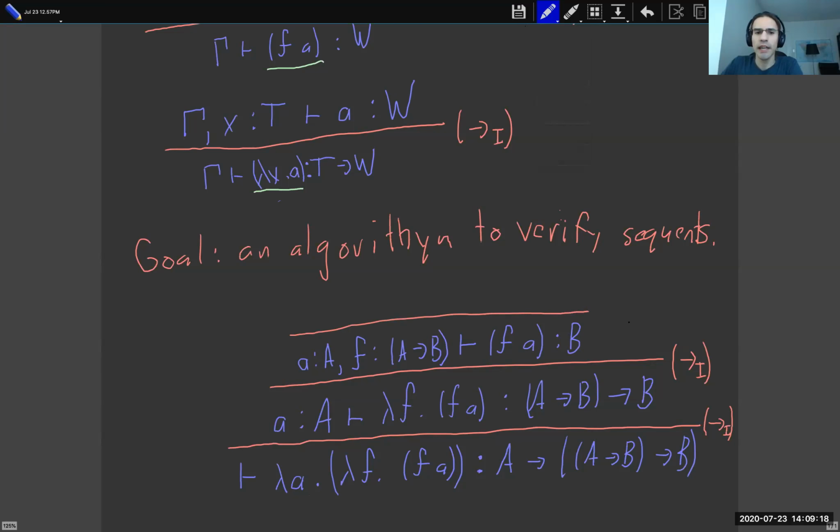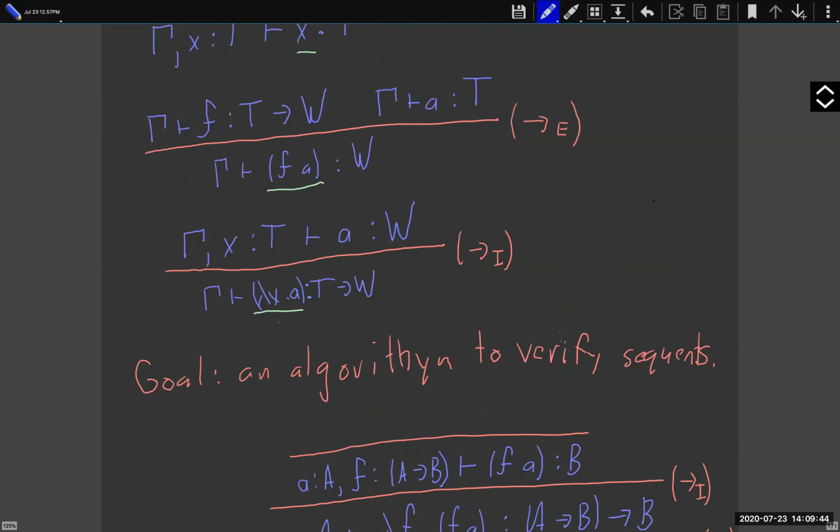Now, looking at the proof term, which rule does that lambda calculus variant correspond to? Var. Checking assumption. Well, if you look at f of a, what type of lambda term is it? What variant is it? An application.